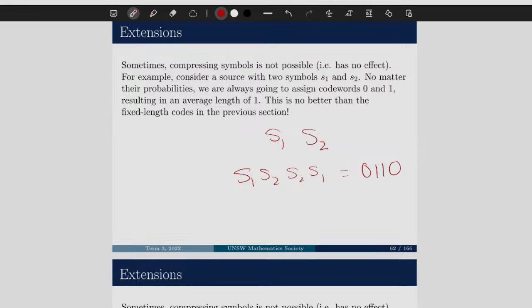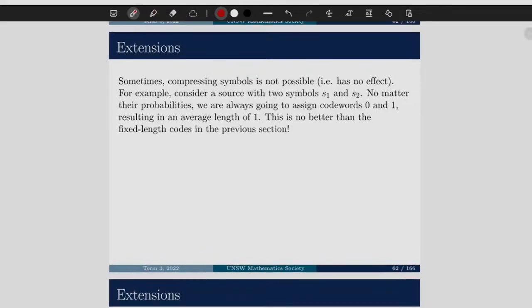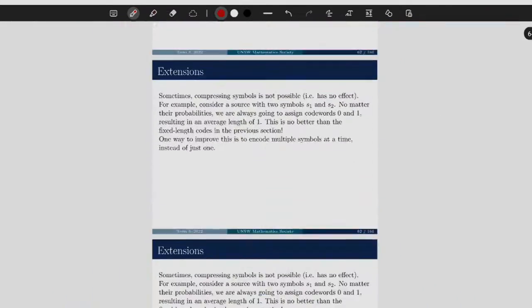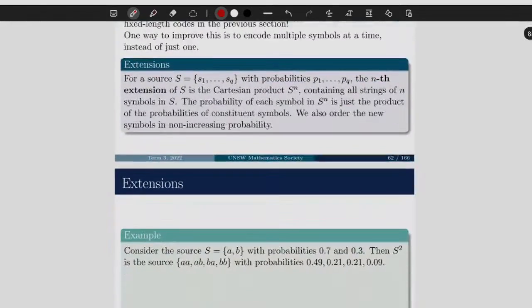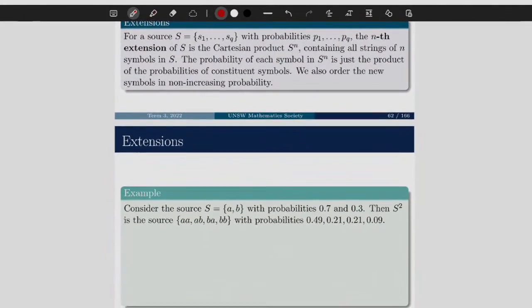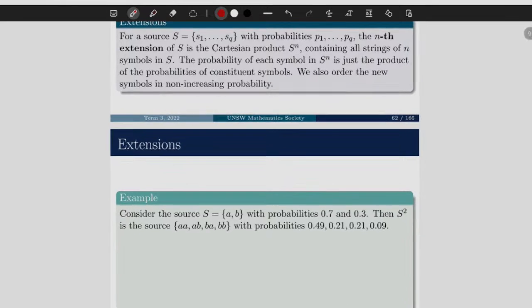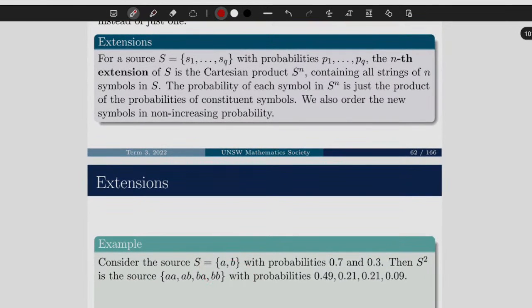So instead, okay, what are we going to do? We're going to use extensions and see if we can change this up. So, for example, if I was to extend this, encode multiple symbols at a time, yep. So, this is just the extensions definition that we got from the lecture notes. But say I had a source alphabet of A and B, right? Well, then naturally, if I was to extend this, so S2, I would get AA, AB, BA, BB.